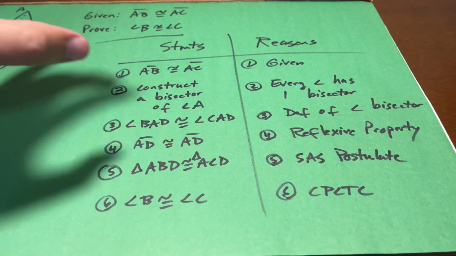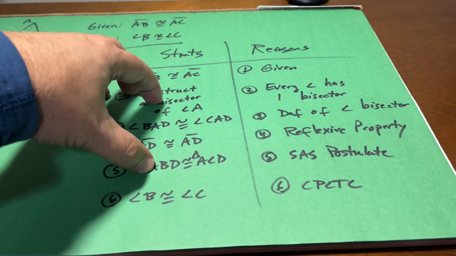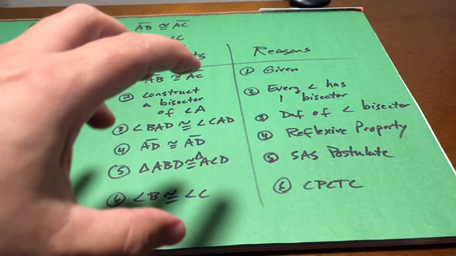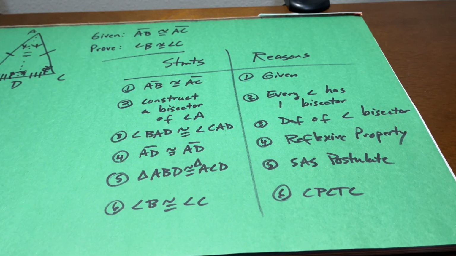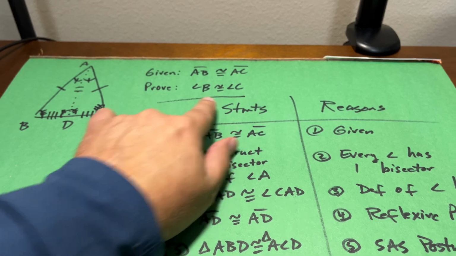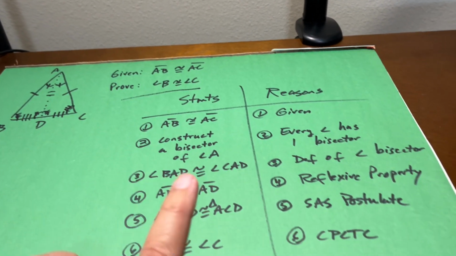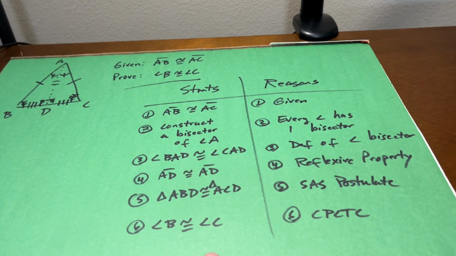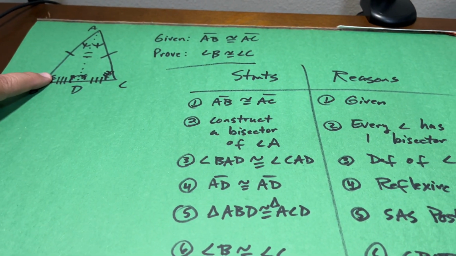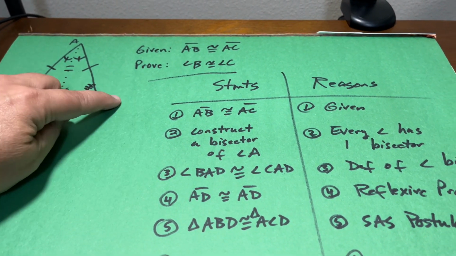So you're taking some given information, you're adding some postulates and theorems and definitions to it to prove beyond a shadow of a doubt that something is true. And in this case, we were proving that angle B, this angle, was congruent to that angle. Now, from this, we know that angles that are opposite congruent sides are in fact congruent.